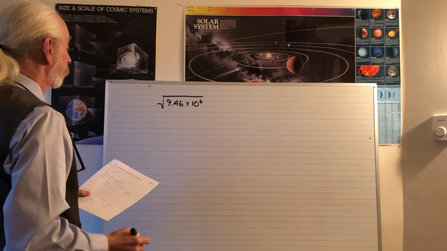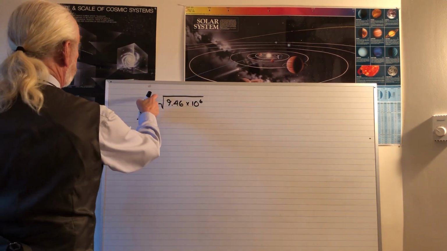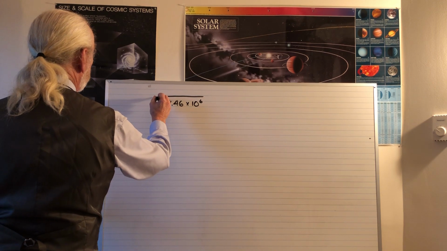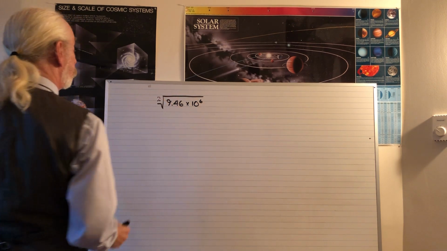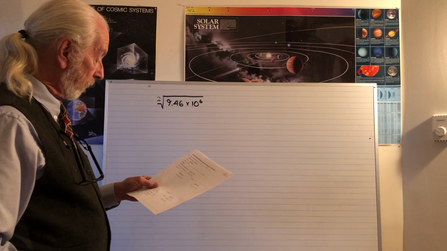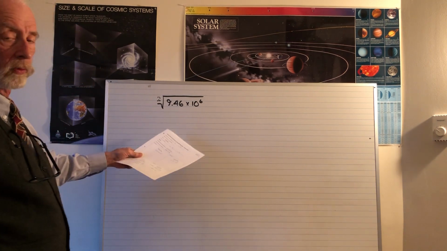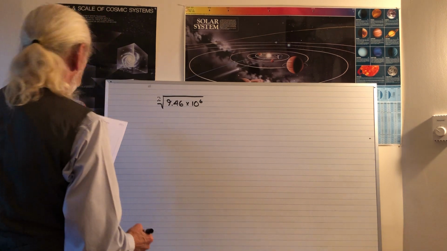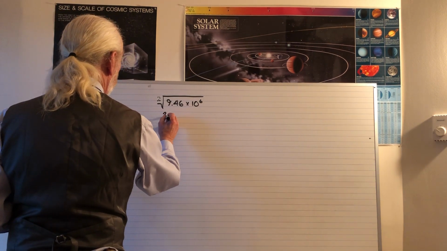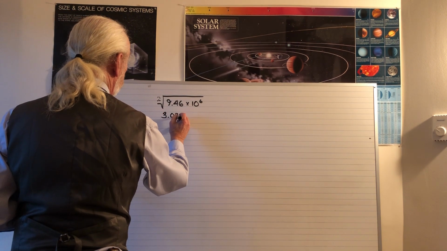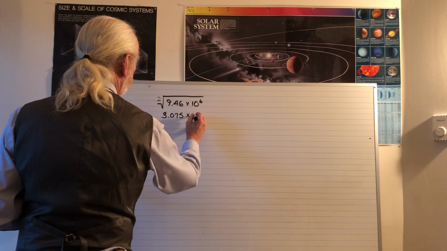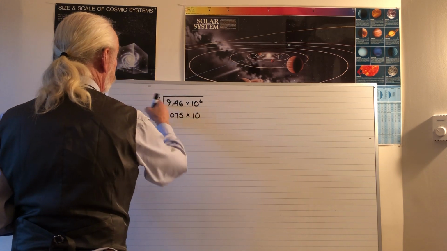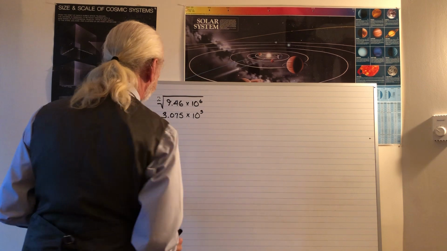And just to remind you, with a square root, even though you don't see them there, that little 2 is right there. That's the 2 that we're going to divide by. Okay. So, using the square root function on your calculator, square root of 9.46 comes out to 3.075 times 10 to the 6 divided by 2, third.